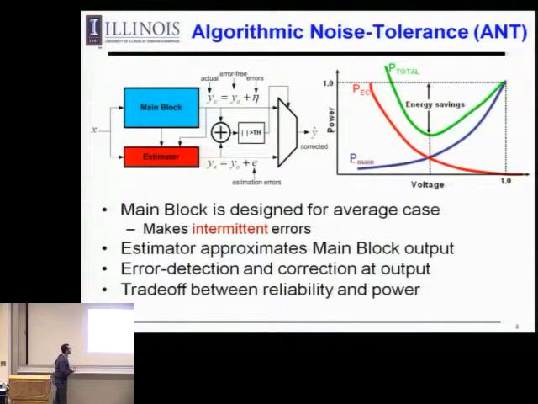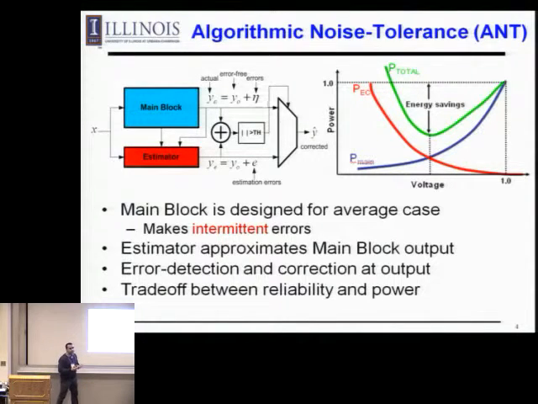In particular, we use algorithmic noise tolerance. In algorithmic noise tolerance, we have a main block. In this case, it would be a Viterbi decoder, and this block would give an error-free output plus some intermittent error. And this error is usually large. What we add is an estimator for the main output.